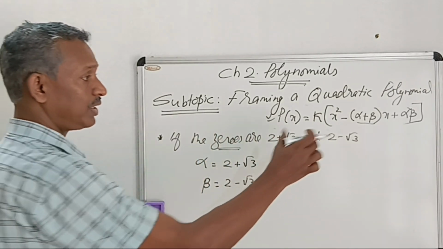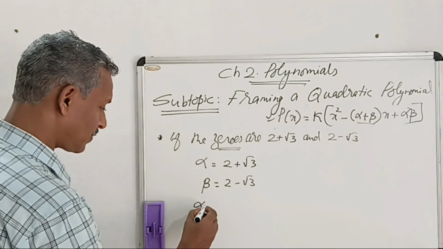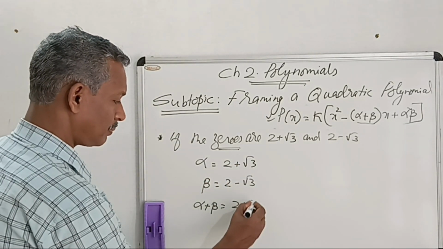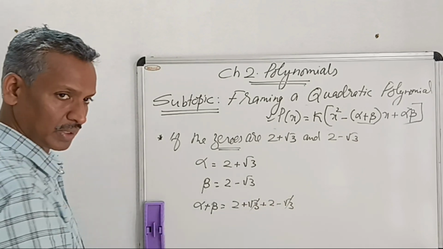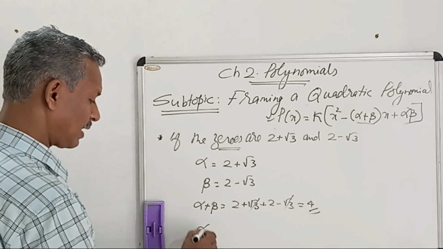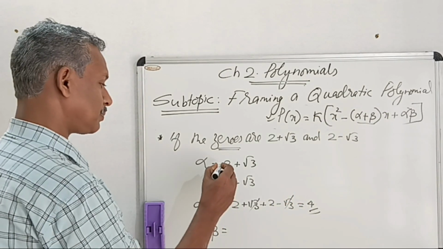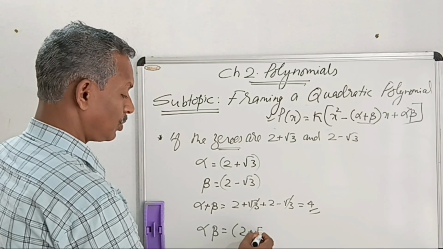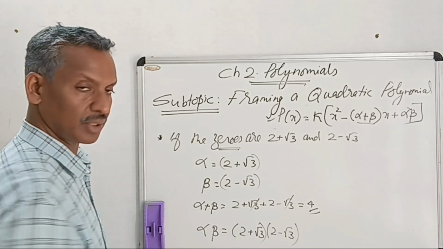So we need alpha plus beta actually to frame a quadratic. So we will find first what is alpha plus beta from here. You add it, 2 plus root 3 plus 2 minus root 3. Minus root 3 plus root 3 cancelled and you get 2 plus 2, it is 4. And alpha beta, we can find alpha beta, that means multiply this zero and this zero: 2 plus root 3 into 2 minus root 3.